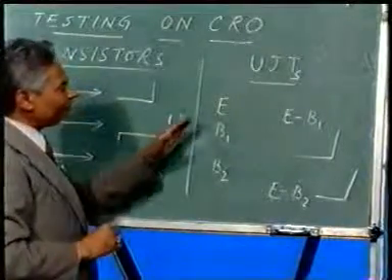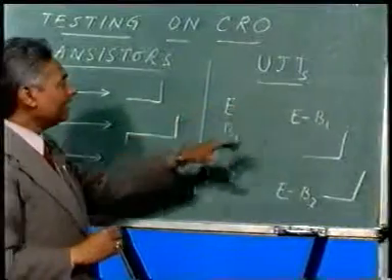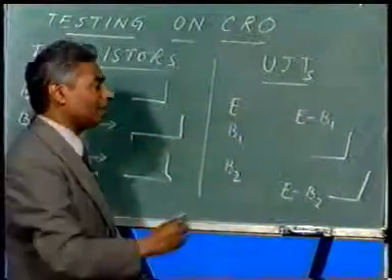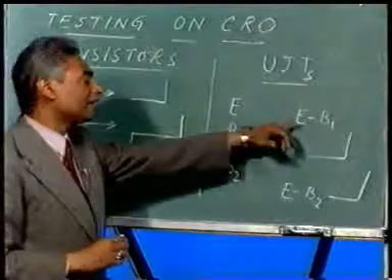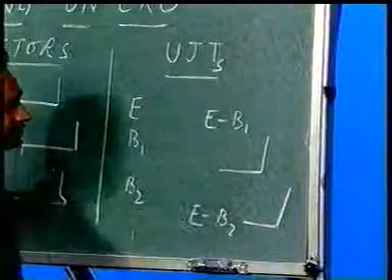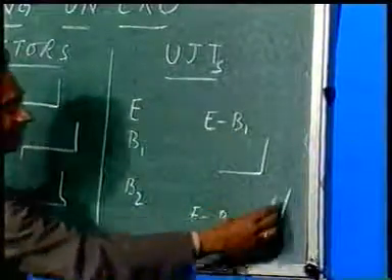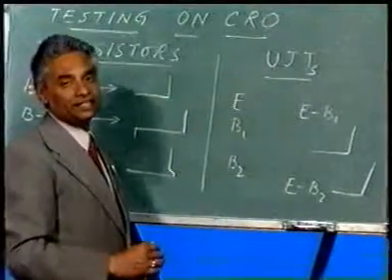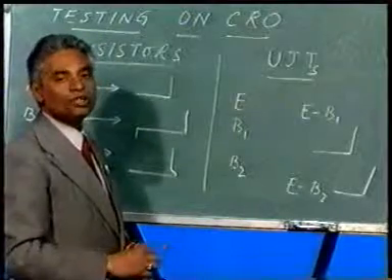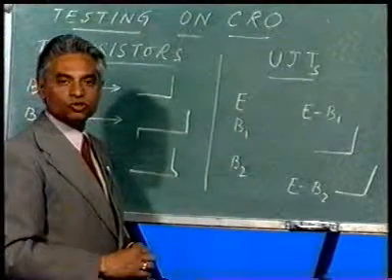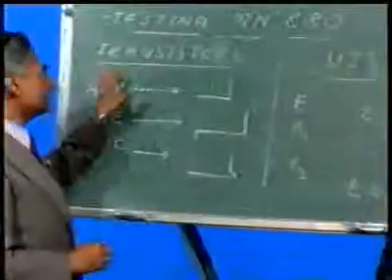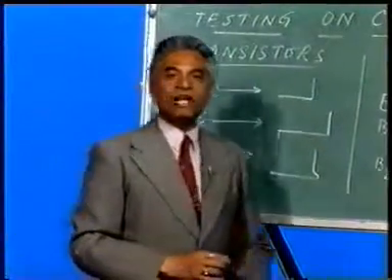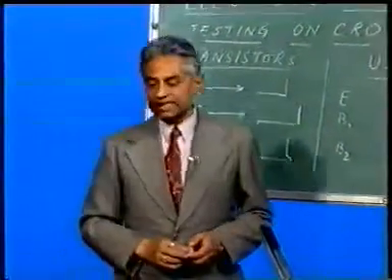So if I repeat, in case of a UJT, if you have between emitter and base 1 a figure like this, between emitter and base 2 again a figure like this, this will indicate that the UJT is healthy in nature. Otherwise it can be open, or it can also be short. That is how we check the transistors and the UJTs on a CRO.